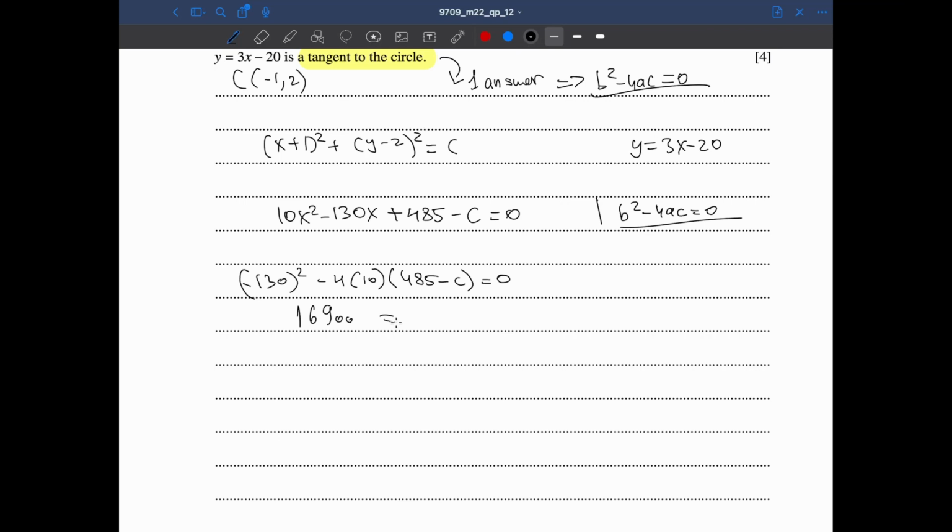And I'm taking things to the other side of the equation. So 40 multiplied by 485 is 19,400. And then we have minus 40c.